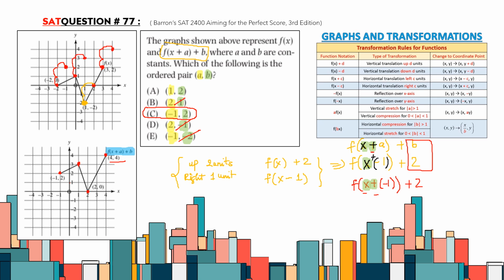So every single point on the graph of f of x will be moved up 2 units, then moved to the right 1 unit. And we know that if we move up, we use this one, and if we move to the right, we use this one, then we combine those two.